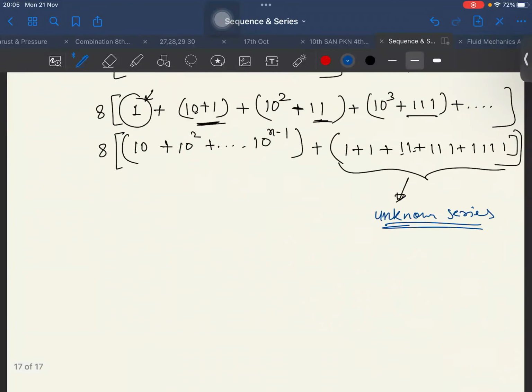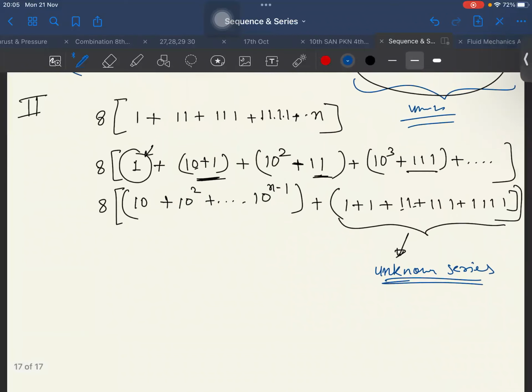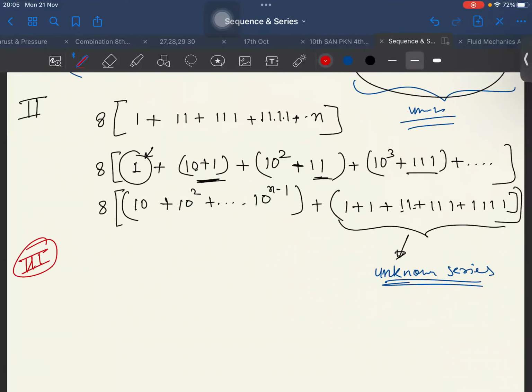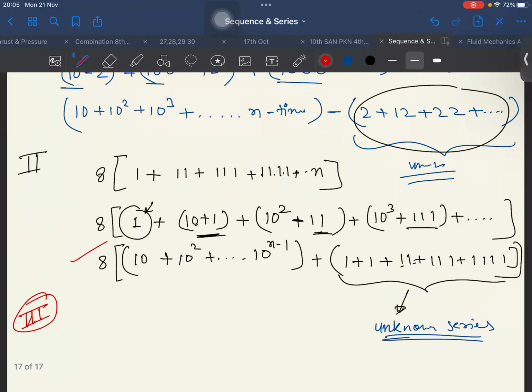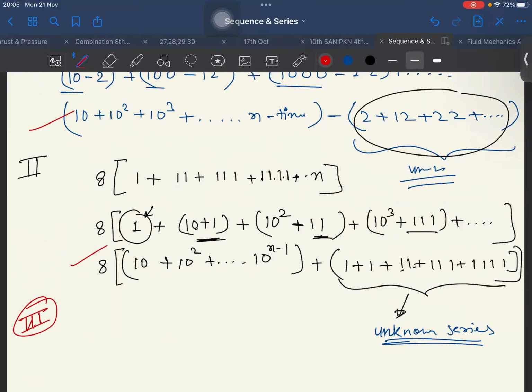Now let's come to the third point. Understood why we cannot solve using this and this? Yes, we can solve it, but again we have to manipulate these series, and it will take a longer time. We have to manipulate the series to become some AP, GP or harmonic progression, or infinite series, then only we'll be able to solve it.